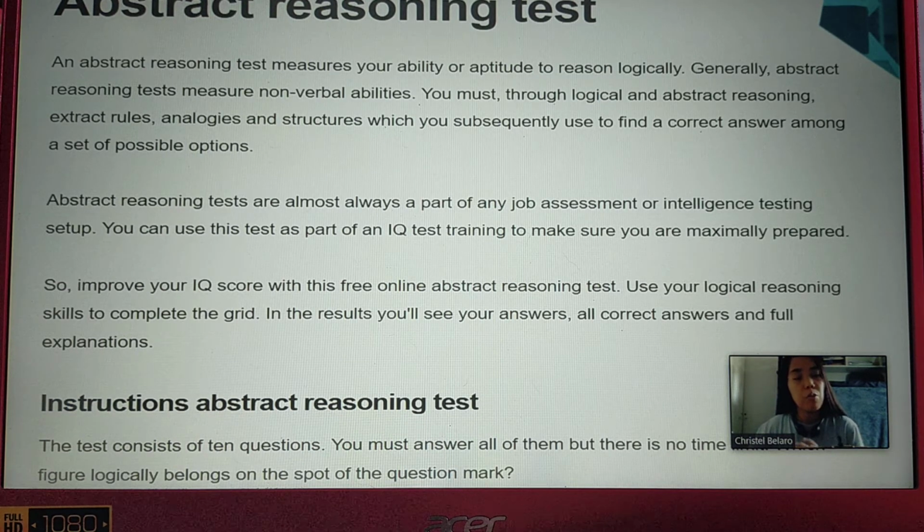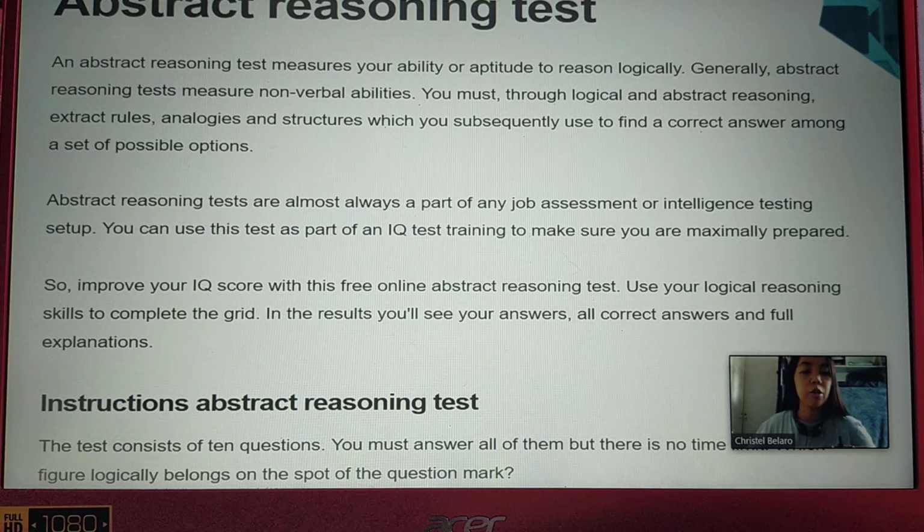The test includes only diagrams or figures. They attempt to measure your lateral thinking and fluid intelligence, with the objective of finding the accuracy and speed with which you can identify and interpret relationships between a collection of shapes and patterns.